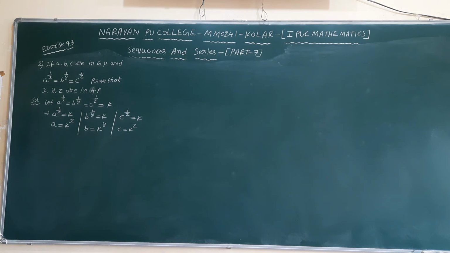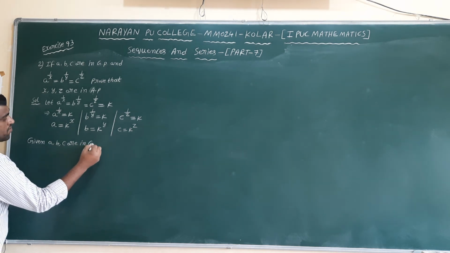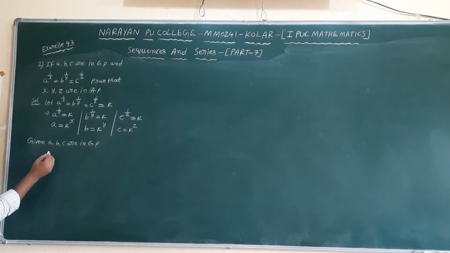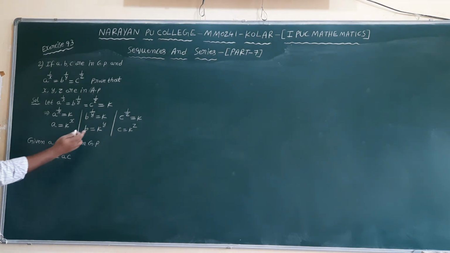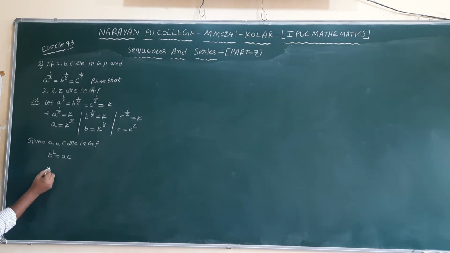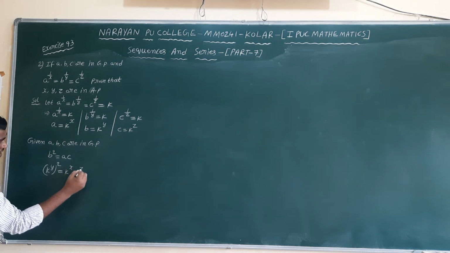They have given A, B, C are in GP. So the GP condition is B square equal to AC, otherwise B equal to root AC. B value is what? k power y. K power y whole square equal to A value k power x times C value k power z.